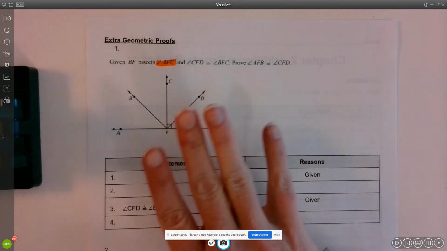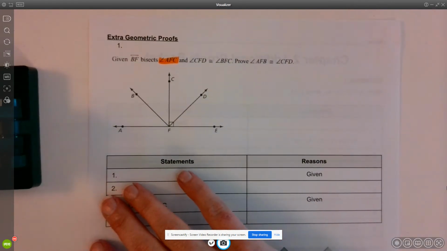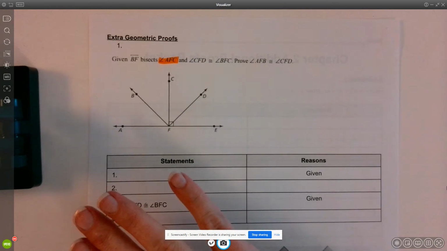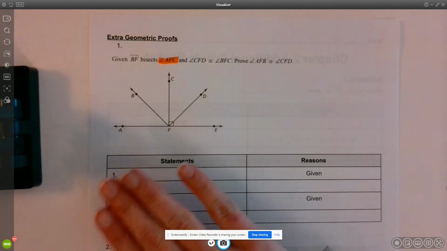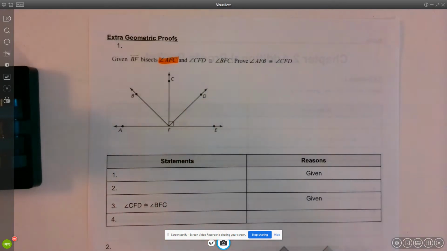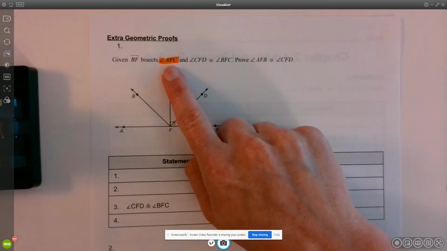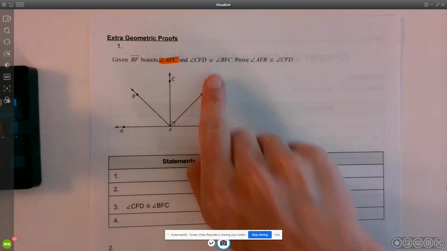There's a lot of letters in here, a lot of angles. So sometimes what I do to help keep things straight is I can visualize it better if I think of these in colors instead of trying to keep track of all the letters. So I started to do this. I'm going to highlight some of my angles.